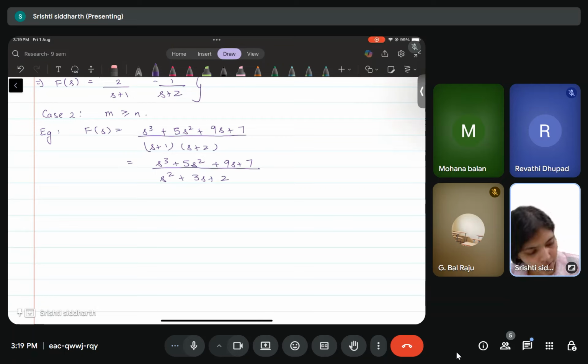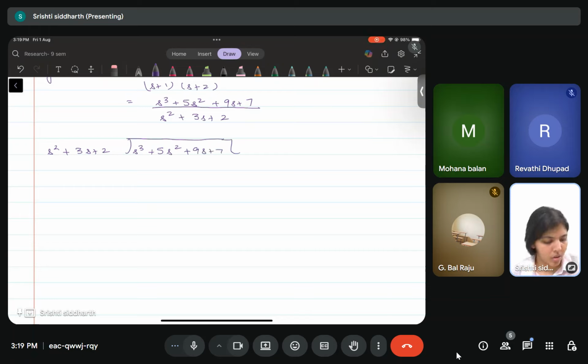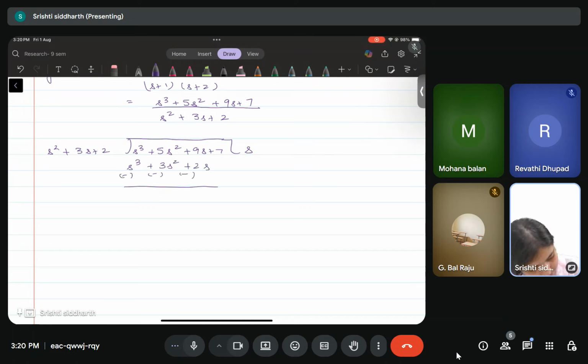Okay, so let's simplify this. The denominator is s square plus 3s plus 2. Let's multiply by s first. This becomes s cube plus 3s square plus 2s. Then we have 2s square plus 7s, so multiply by 2.